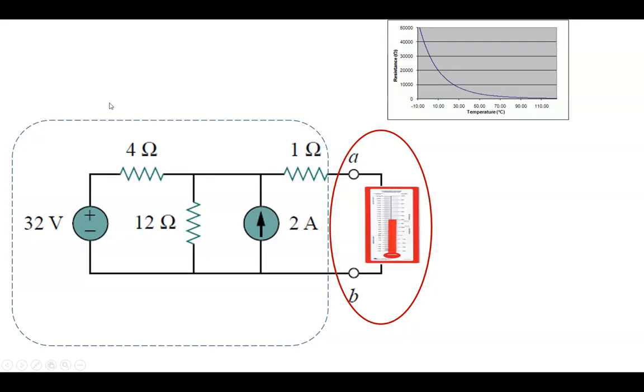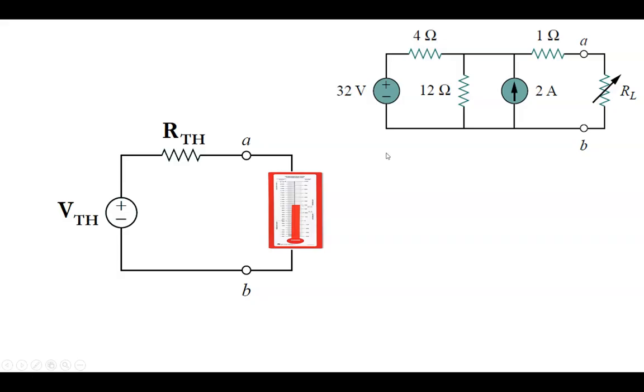In this case, this blue highlighted box is the part that does not change. So let's take what's inside that blue highlighted box, and we'll replace that with this. And then the only thing we have left to do is a simple circuit. Now take a look at this.